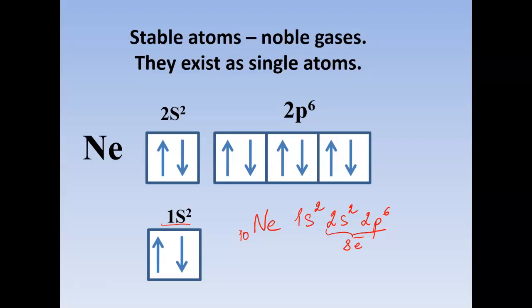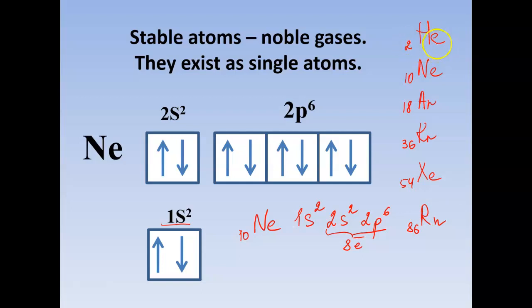Examples are noble gases: helium, number 2, neon, number 10, then argon, number 18, then krypton, number 36, then xenon, number 54, then radon, number 86, and they have 8 electrons on their outer shell, except helium.